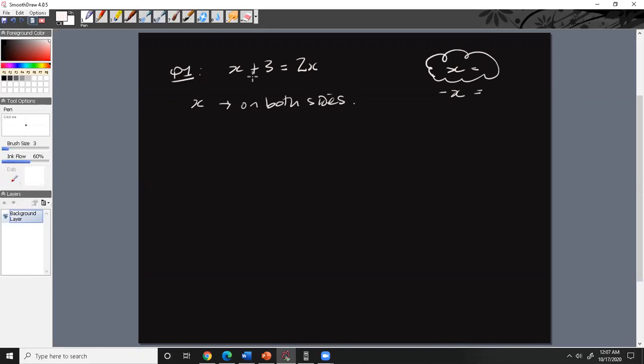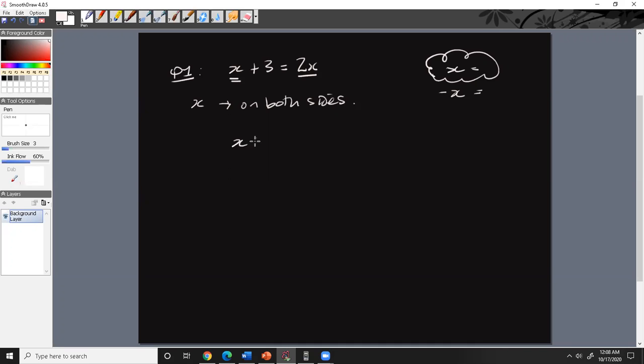So it makes sense, in order to get x equals, so that x is on one side only, it does not matter whether it's on the left or the right, to take away the smallest number of x's from both sides. And in this way, you will keep x positive. I will show you. So here we have x and we have 2x. So the smallest number of x's is 1x.